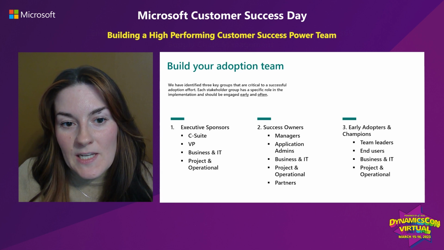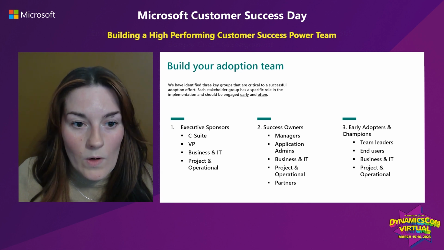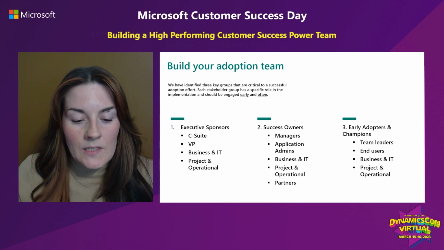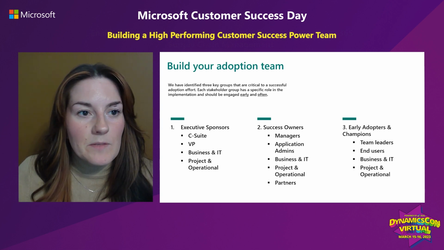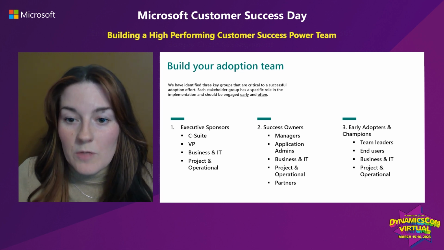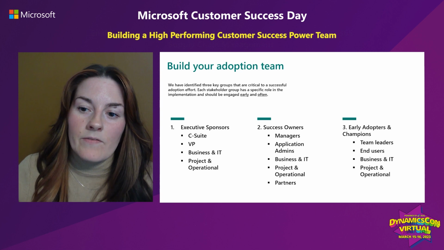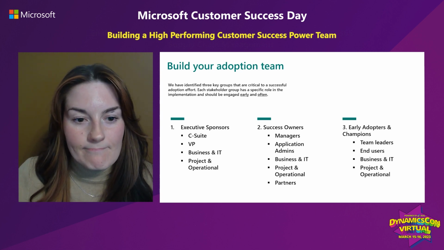Think about the implementation team versus the team that you will need to sustain and grow a solution. And so, just as an example of structure, we've seen many customers adopt a COE or a Center of Excellence structure to build out the life cycle of a strong adoption team far past implementation.